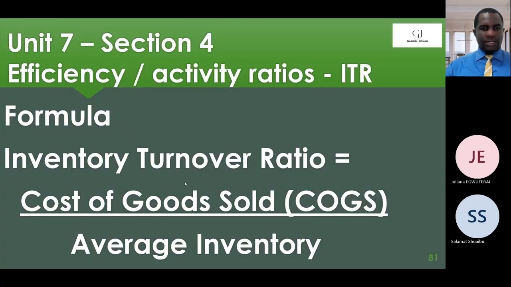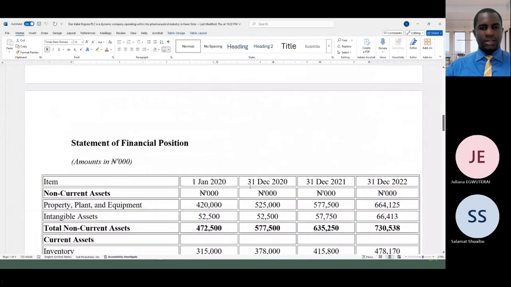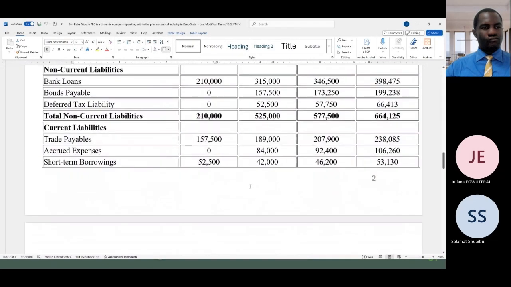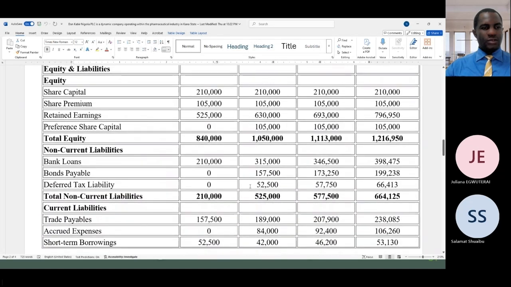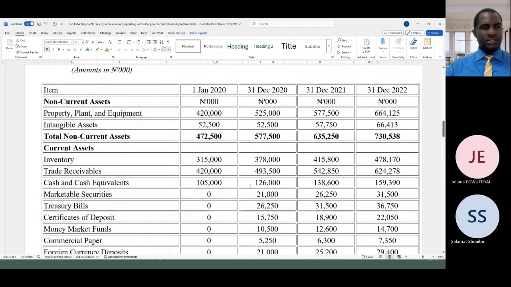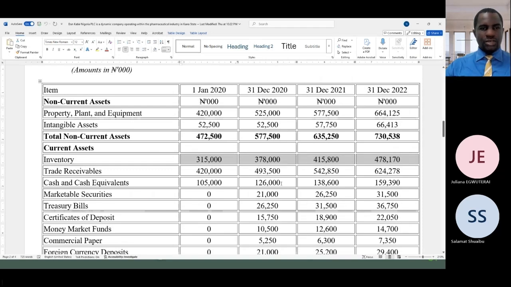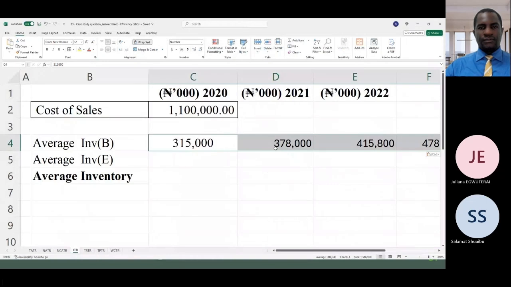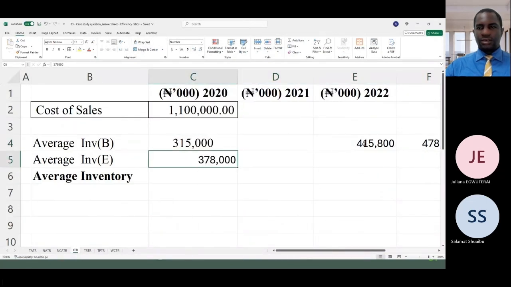Okay, so let me quickly pick our beginning and ending. Permit me, Julia, I'll take your figures quickly. Inventory, current assets. Okay, so our beginning, ending, let me just take all of them, since Julia has calculated everything very, very fast. Okay, so let me have this as ending.